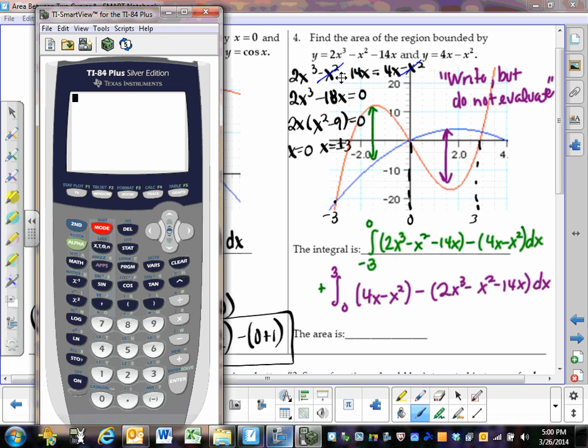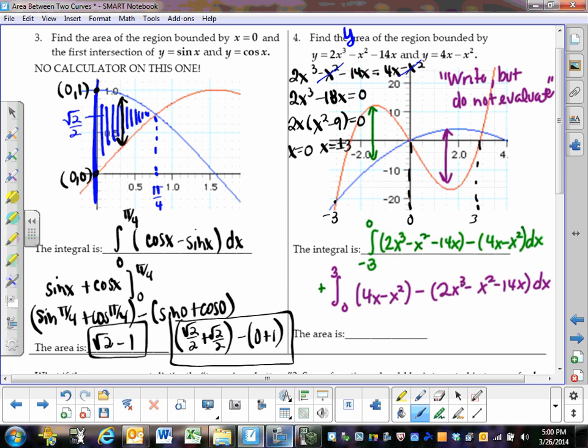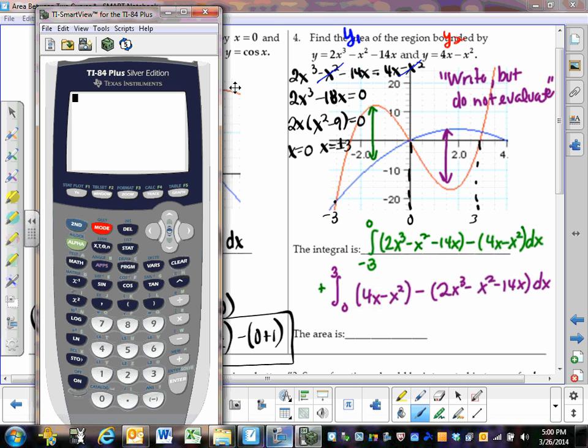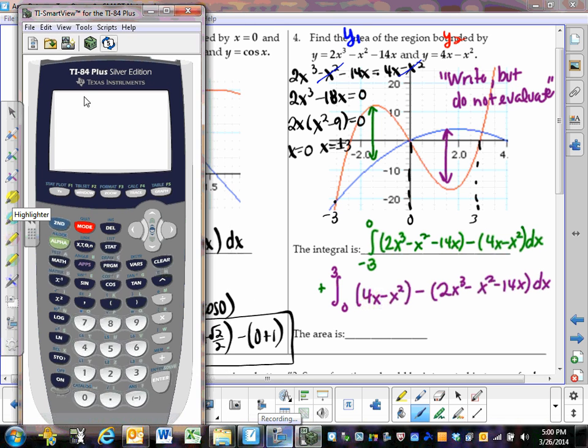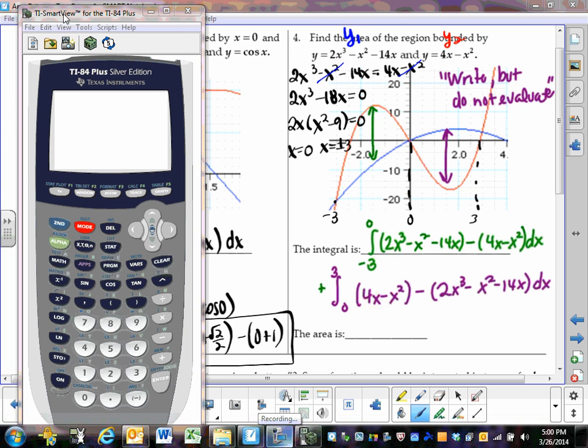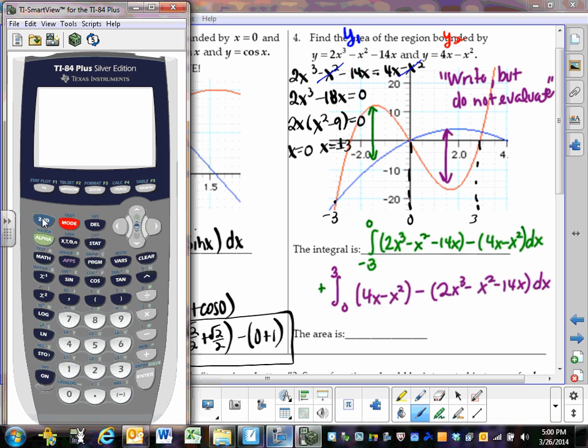I may not put calculator notation ever inside of the space where my answers belong on the AP exam. However, I can make a note somewhere else up in the stem of the problem or in a margin somewhere, so that I could then do the integrals from negative 3 to 0. And we want cube minus square, so y1 minus y2.